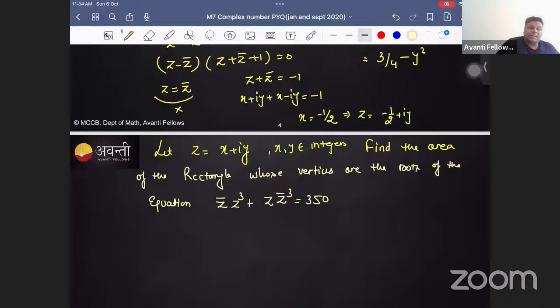Find the area of the rectangle whose vertices are the roots of this equation, z bar z cube plus z z bar cube is equal to 350.